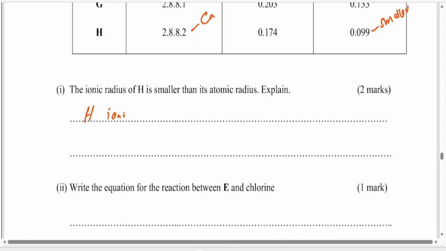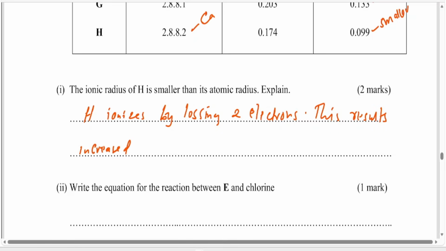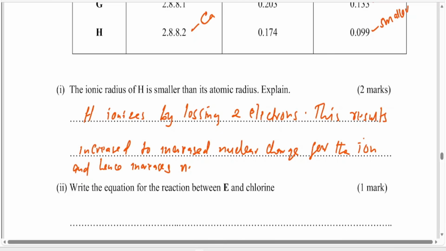H ionizes by losing 2 electrons, and this results in increased nuclear charge for the ion, and hence increased nuclear attraction to the remaining electrons.